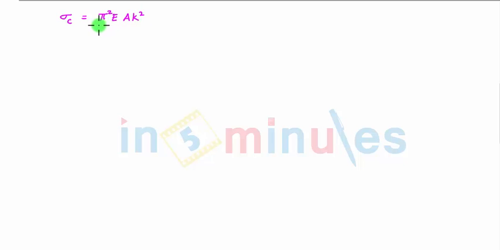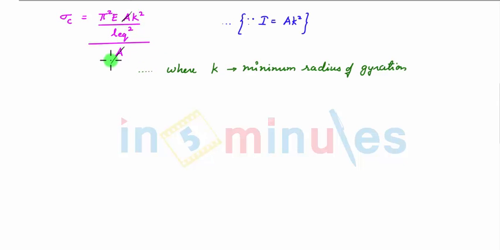A K square, where K is the minimum radius of gyration. So this A and A terms get cancelled, and we have the expression for critical stress at the onset of buckling or crippling as pi square E upon (L equivalent by K) square.